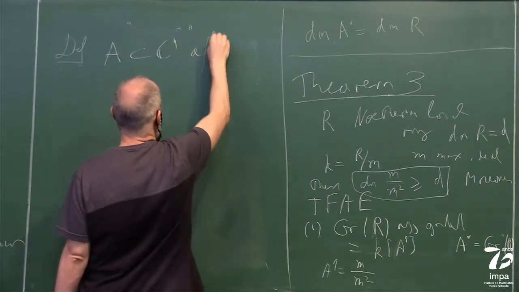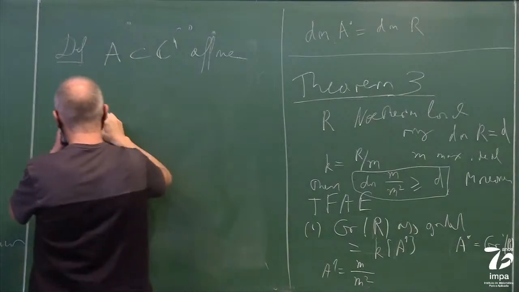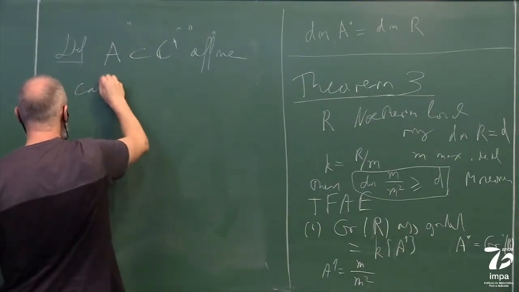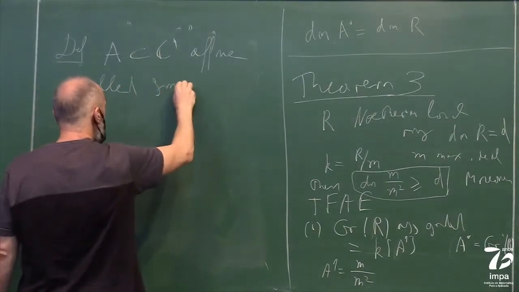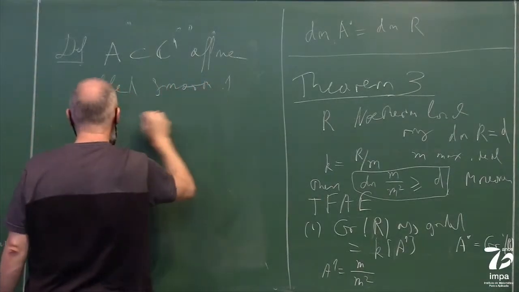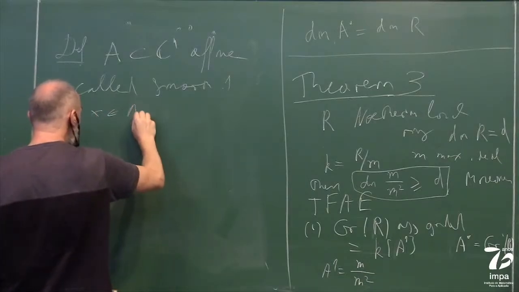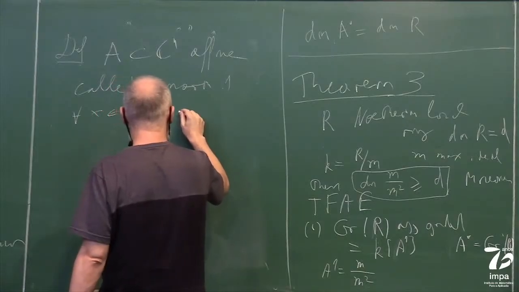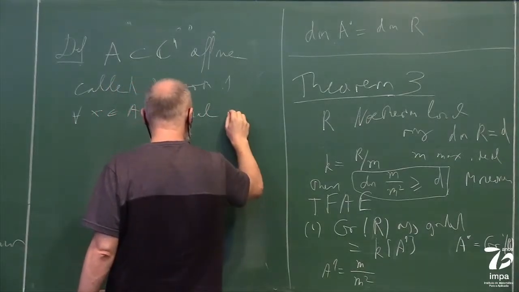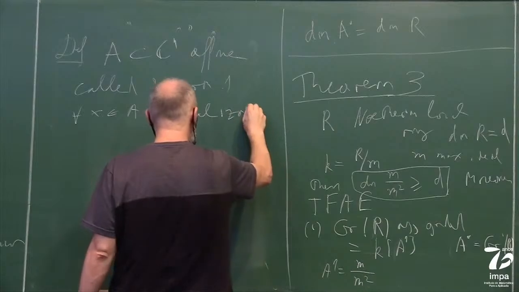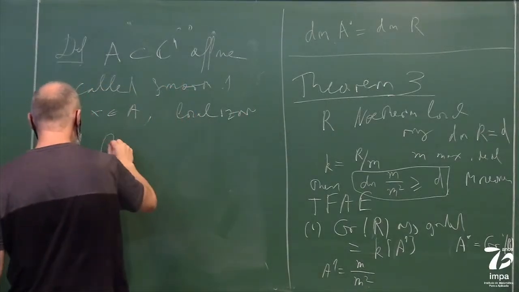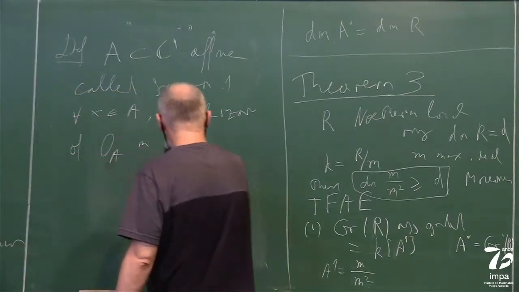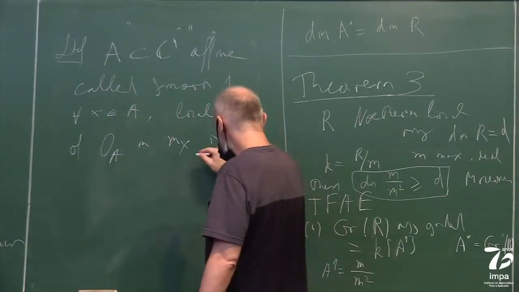It is called smooth if for each x in A, the local ring, the localization of the ring of functions at the maximal ideal of x, is regular.